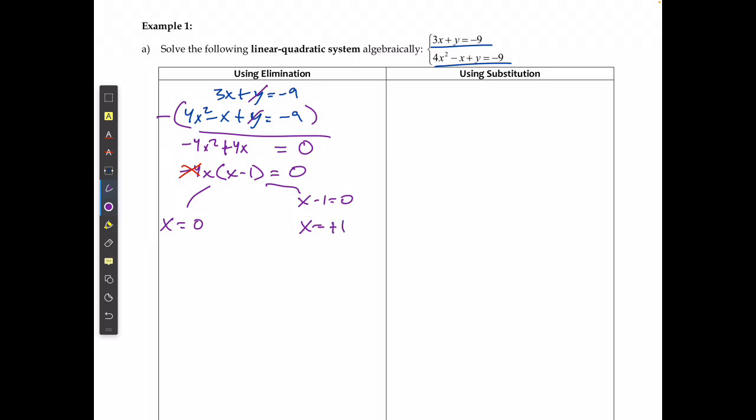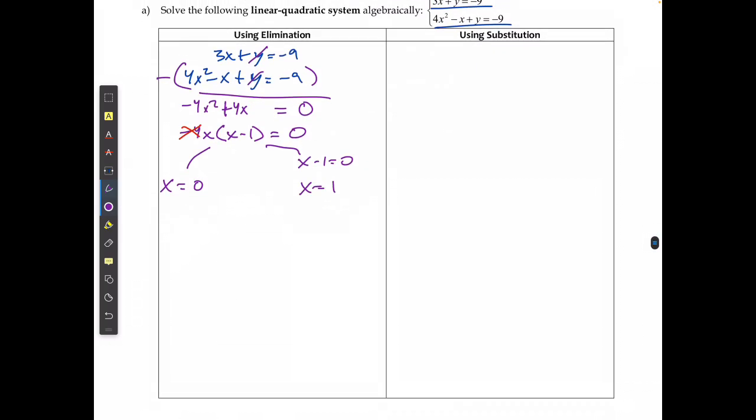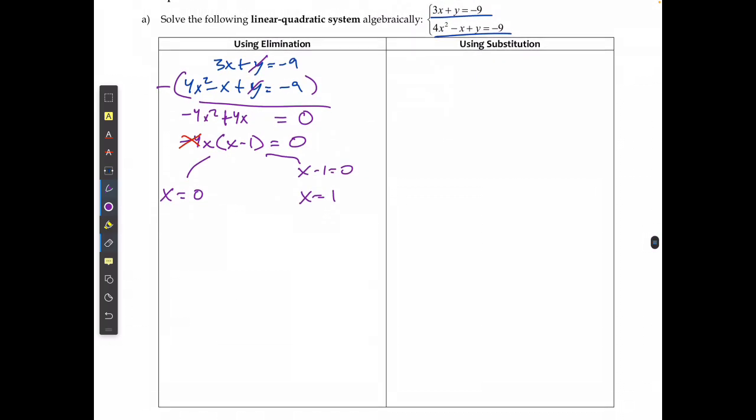Or sorry, x would equal positive 1. Now, because I have two x values, I'm going to solve for my two y values based on this.